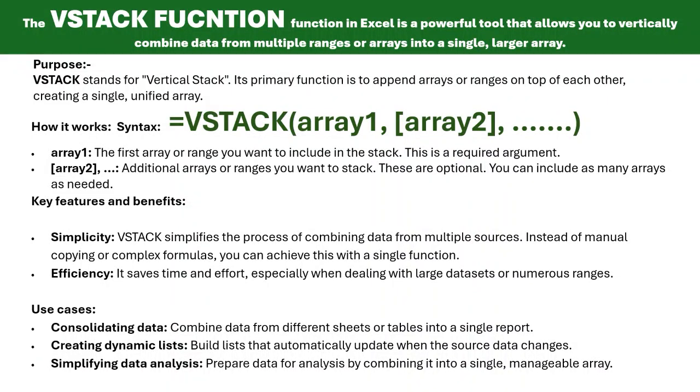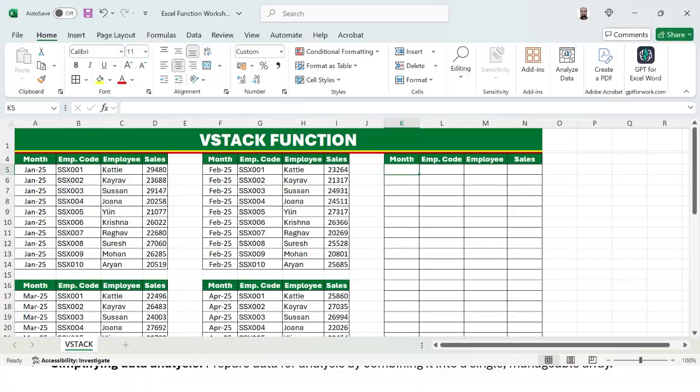So let's move and learn how this function works practically. So here we have four different tables: January month sales, February month sales, March and April, and we need to combine all four tables into one.